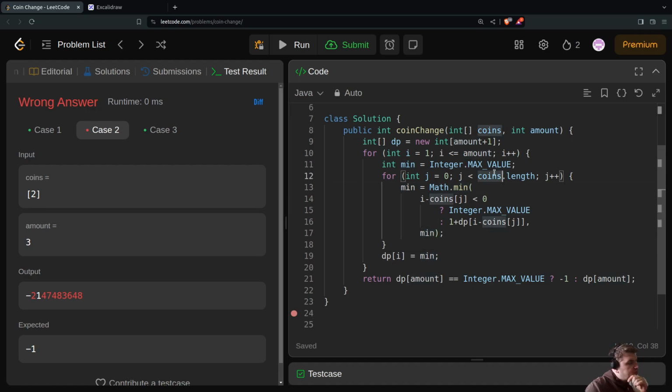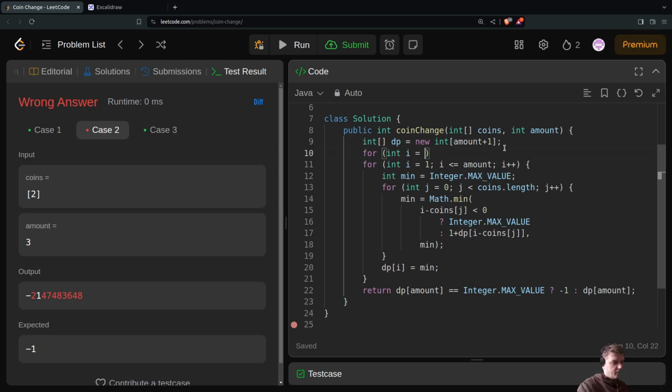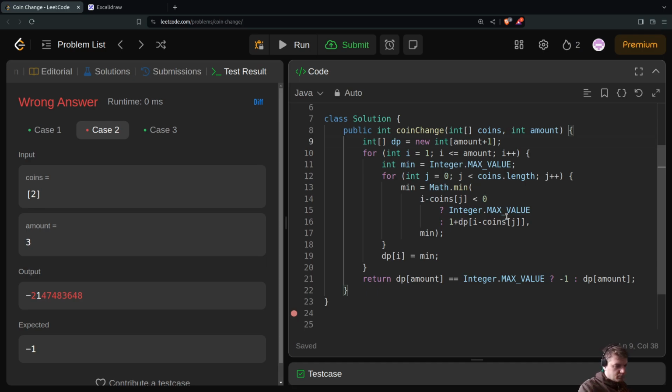So there might be a problem if dp is not filled. So initially, if I go through the dp array, here I need to check if dp is not 0.